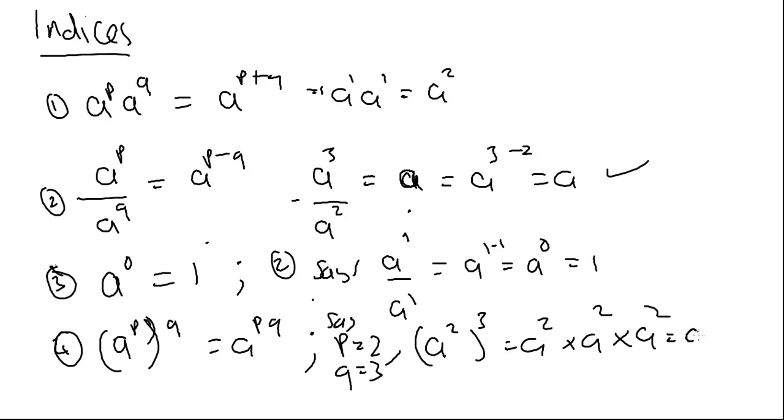So that's going to be a to the power of 2 times 3, or a to the power of 6. And that's all that this rule number 4 is pointing out. So again, no real surprises.